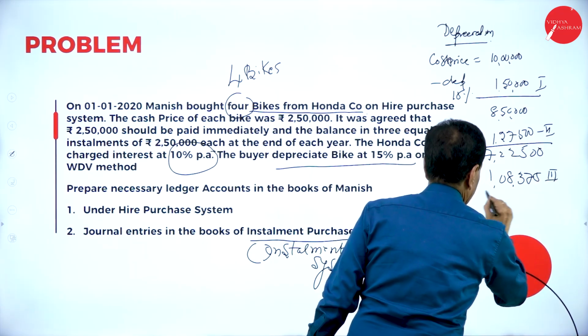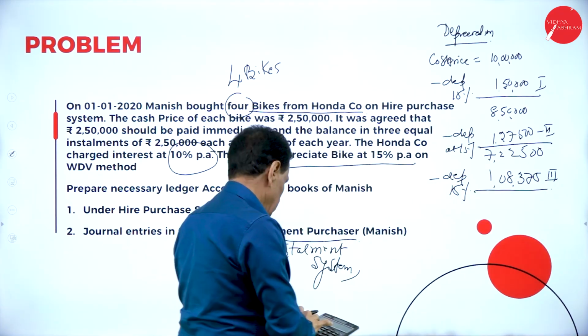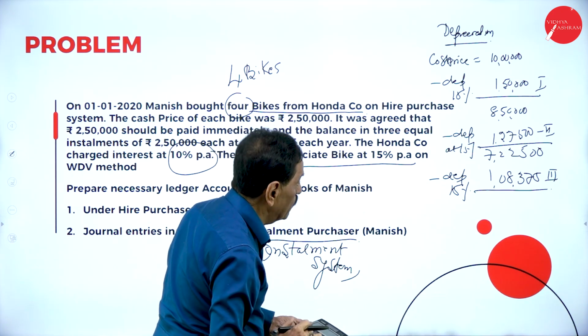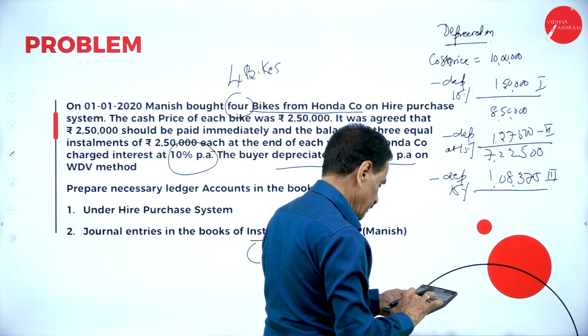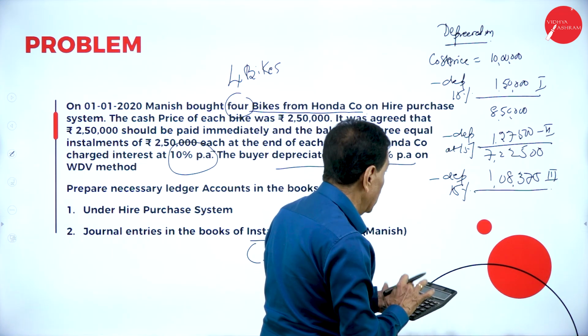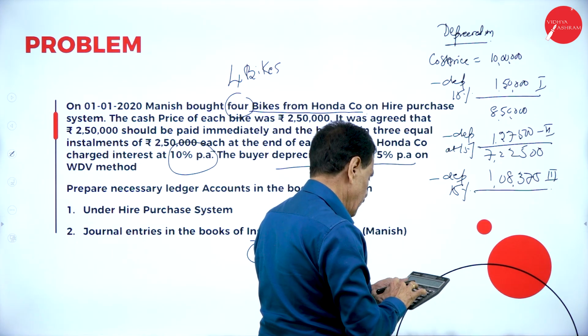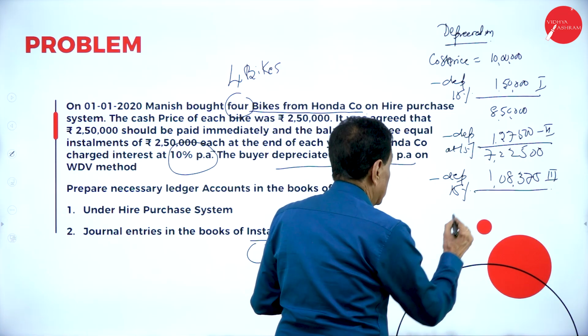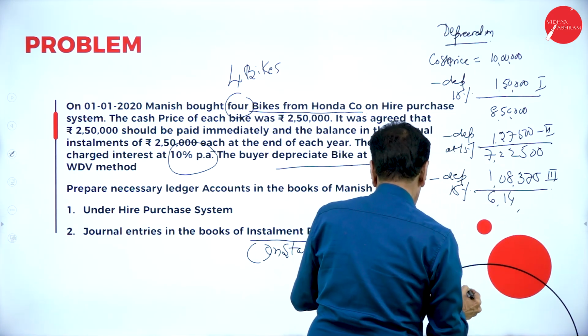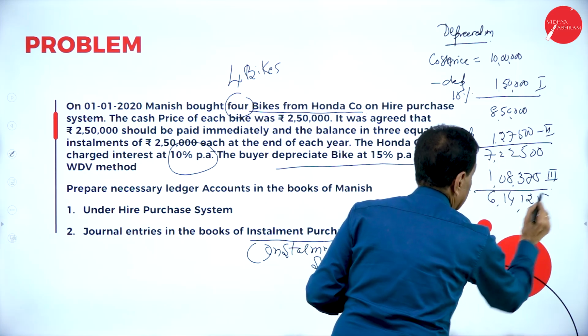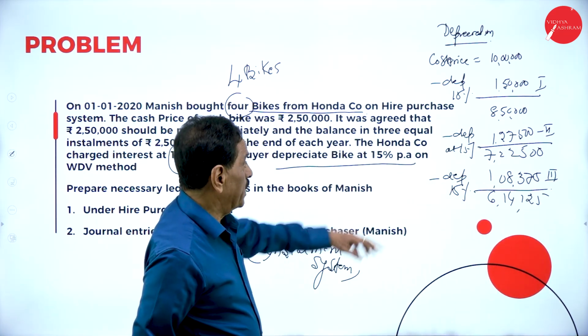This is for the third year. Deduct: 7,22,500 minus 1,08,375 is 6,14,125. So what's our original cost?